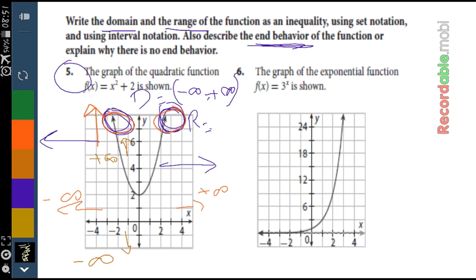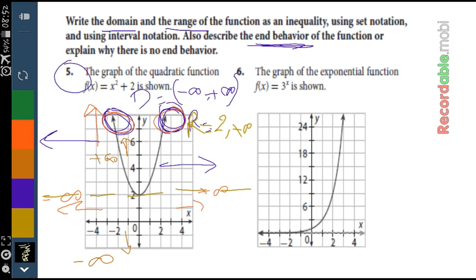So the ending point for the range is positive infinity, and the lowest point of the curve is this point at 2. But when you are going to find the range of the function, you have to look from down to up. So your starting point is 2, and the curve keeps going on up to positive infinity.